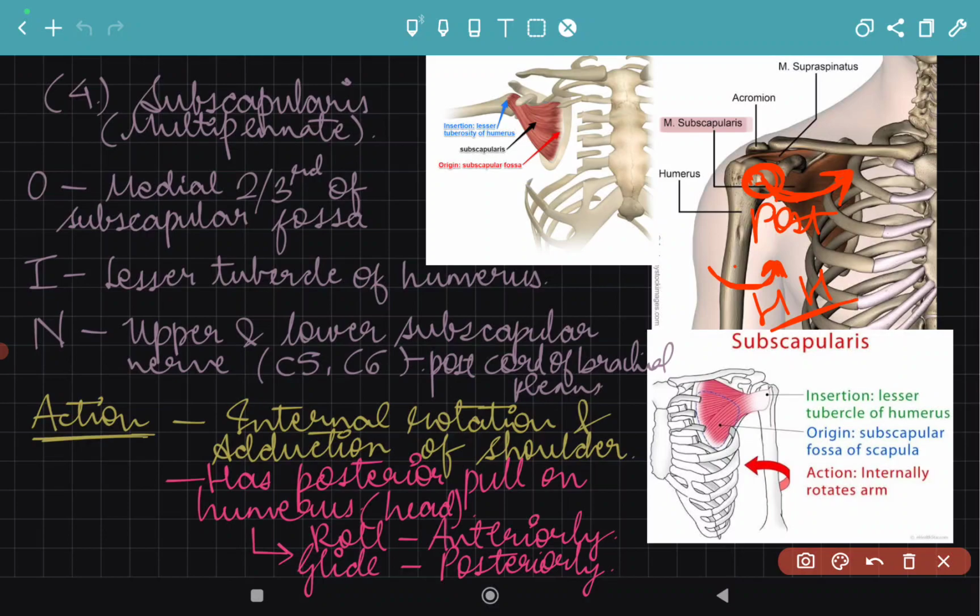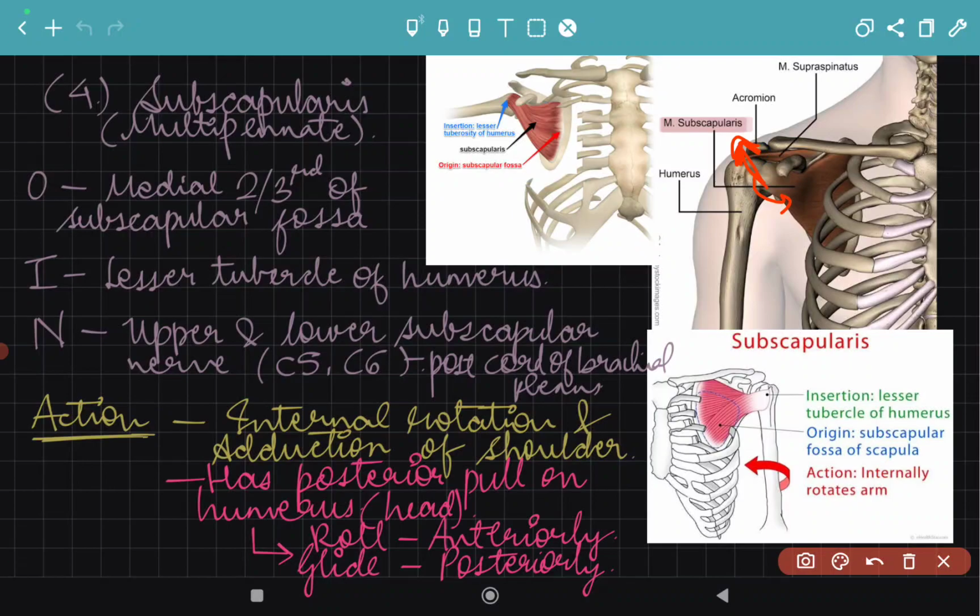So it will have a posterior pull, that is, the rolling will be anterior. The rolling of the humerus will be anteriorly and the glide will be posteriorly. It will roll anteriorly to perform internal rotation and adduction, and at the same time it will glide posteriorly. We will discuss this rolling and gliding in detail in the concave convex rule part in the upcoming series of the Physioweb series.